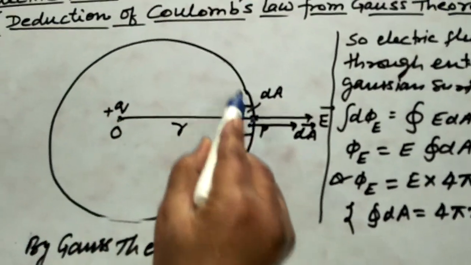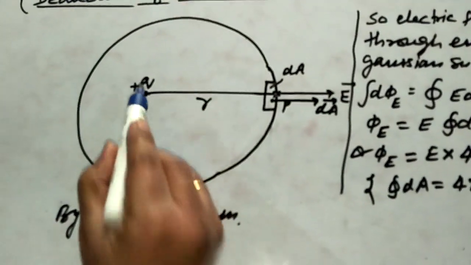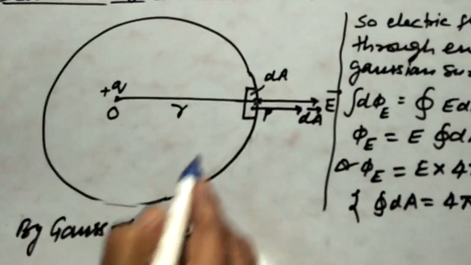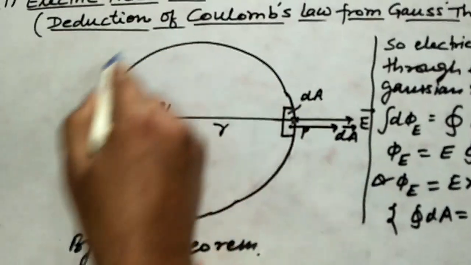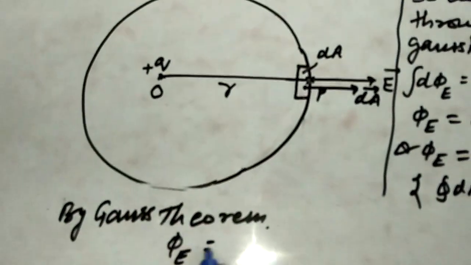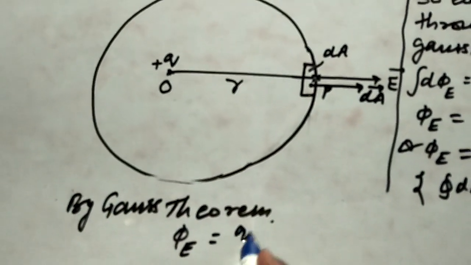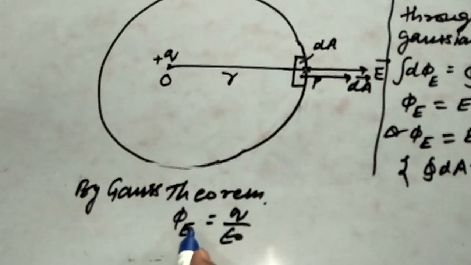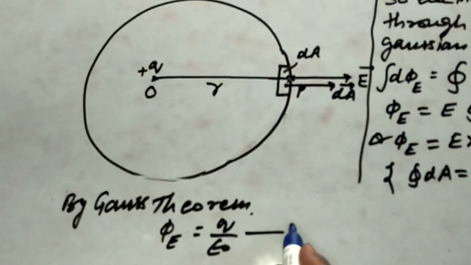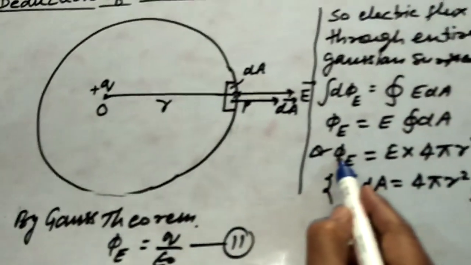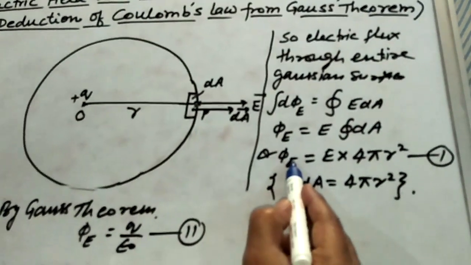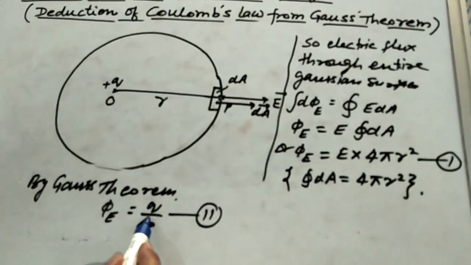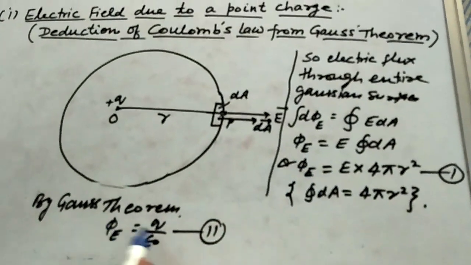What charge is enclosed by this spherical surface? Q. So by Gauss theorem, the total electric flux that passes through this spherical closed surface is equal to Q upon epsilon naught. This one is by Gauss theorem, and suppose this is equation number 2. This one is the electric flux calculated through the Gaussian surface, and this one is by the Gauss theorem. And both electric flux will be the same.